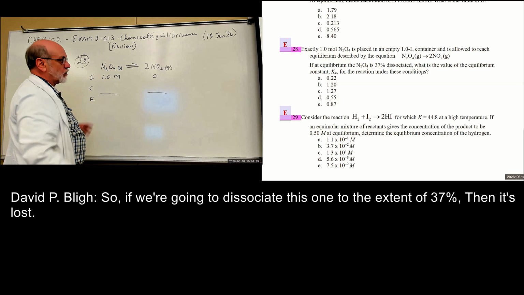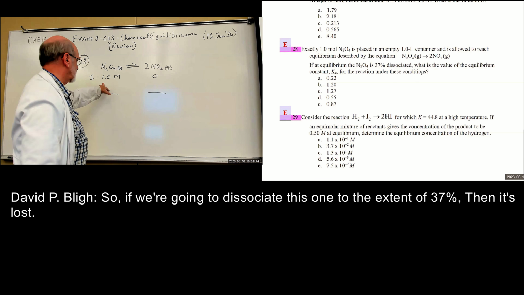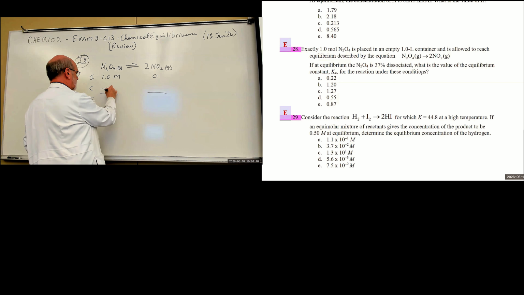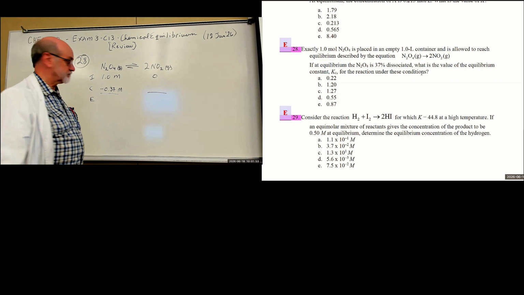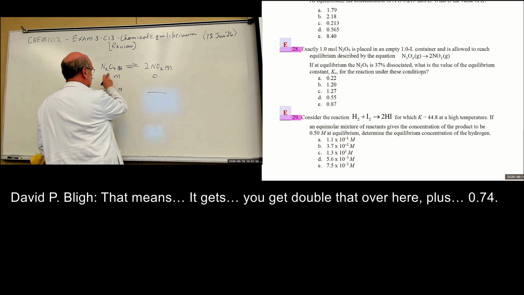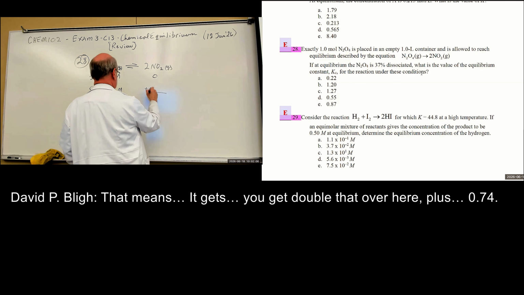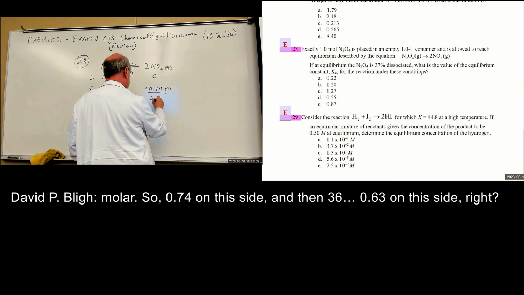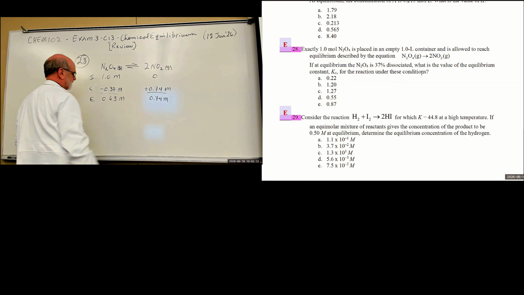All right. So if we're going to dissociate this one to the extent of 37%, then it's lost that much molarity, 0.37, right? That means you get double that over here, plus 0.74 molar. So 0.74 on this side, and then 0.63 on this side, right?